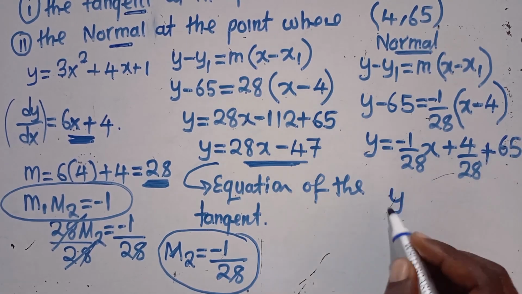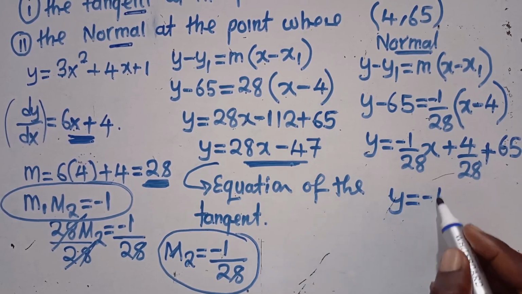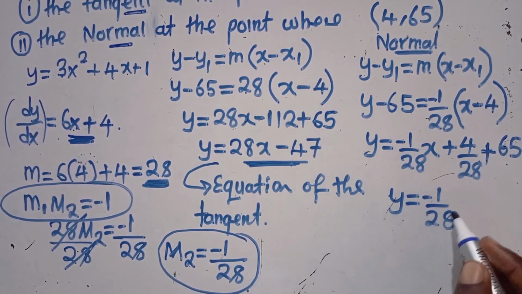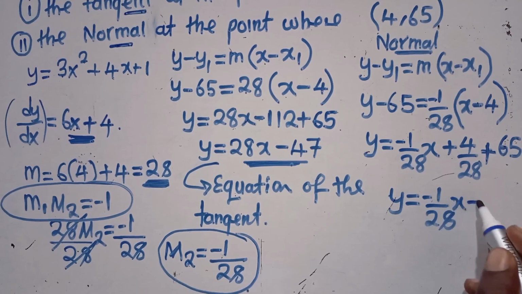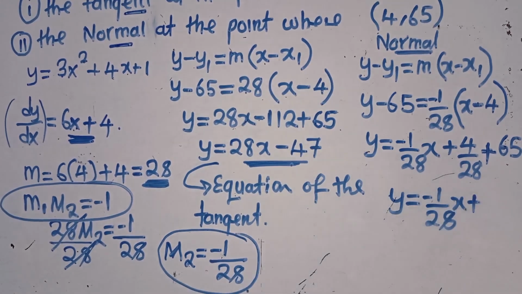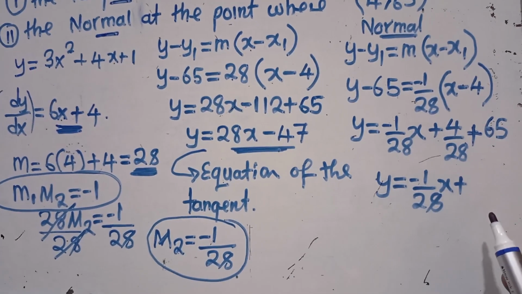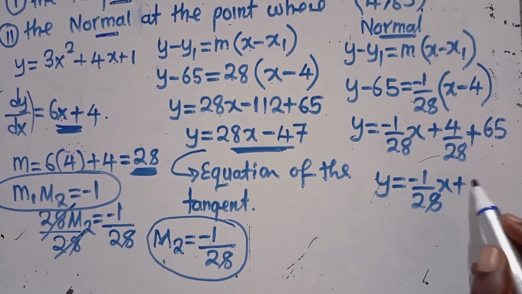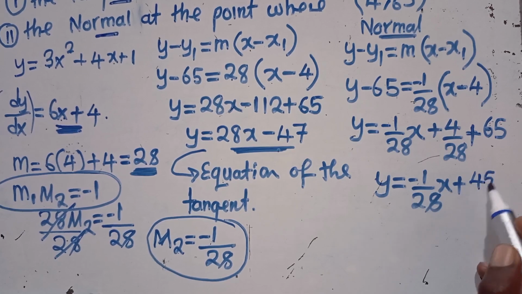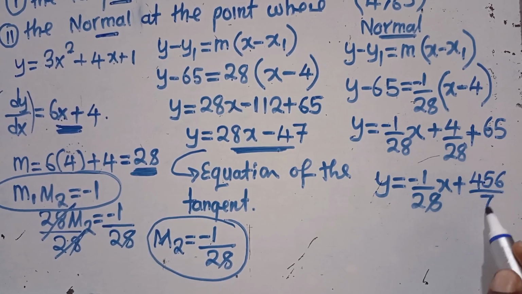Where you now say y is therefore equal to negative 1 over 28 x plus whatever answer you get on this side. So when you evaluate this part, kindly confirm with me, you are going to get 456 over 7.